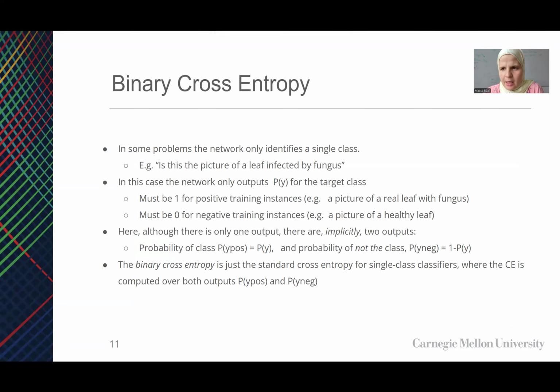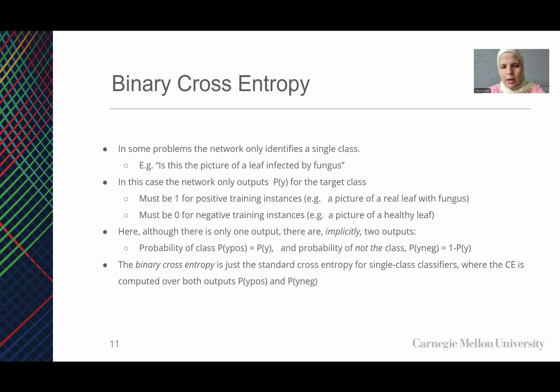The second type of the classification losses is the binary cross entropy. For example, in some problems, the network only identifies a single class. If you have a leaf and you need to know whether this leaf is infected by fungus or not, you provide an image and you just want to know whether it is infected by fungus or not. So you need to identify a single class. In this case, the network only outputs py for the target class.